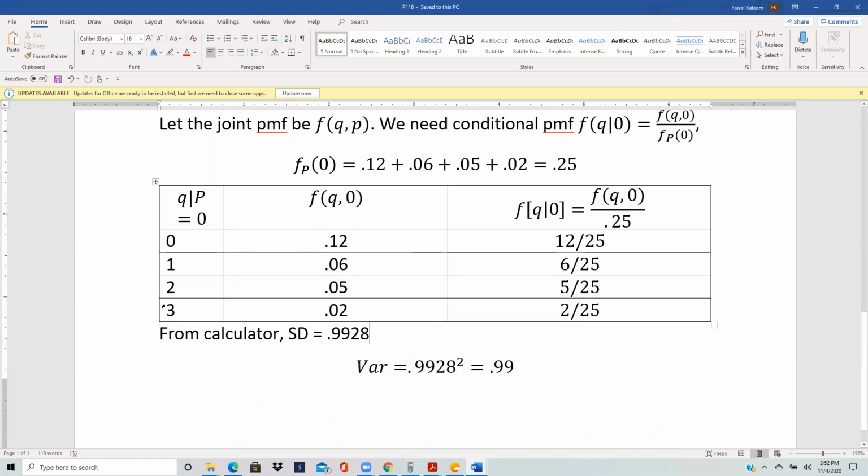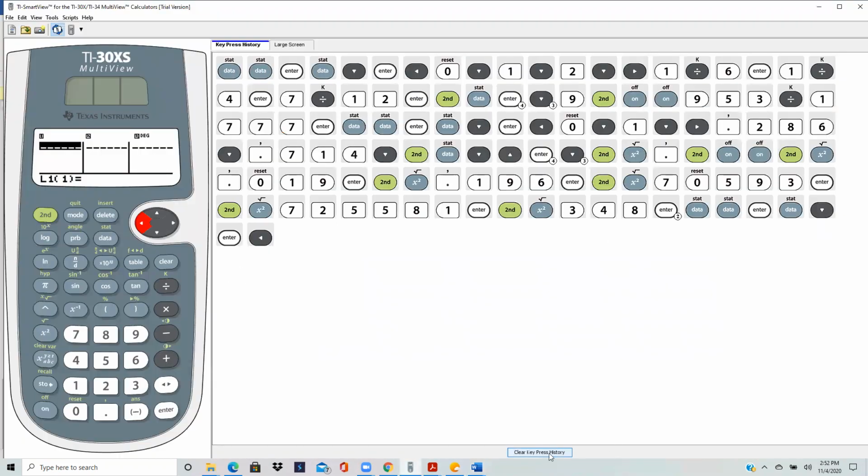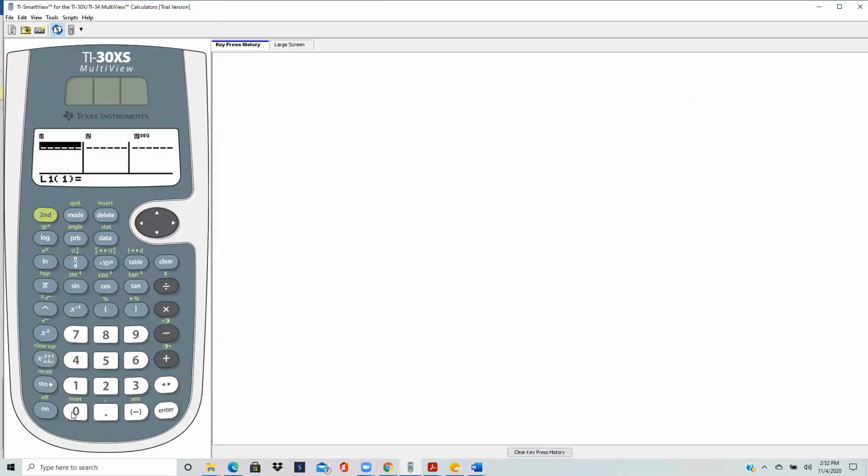These are the values, and these are the conditional probabilities. So 0, 1, 2, 3 for the first column.